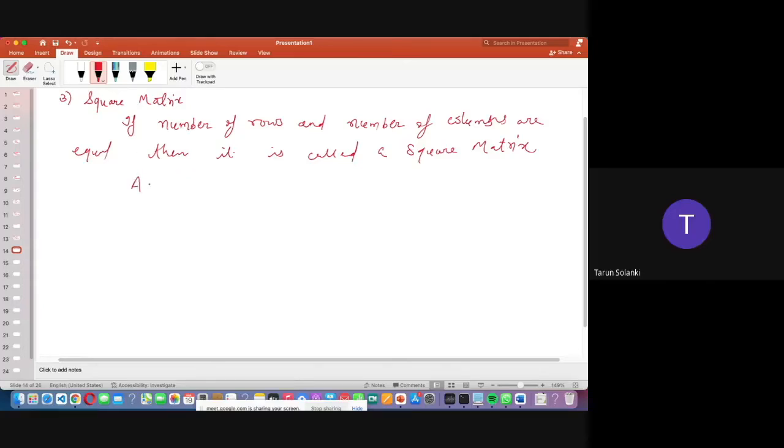So A is equal to aij, m into n, where m is equal to n.